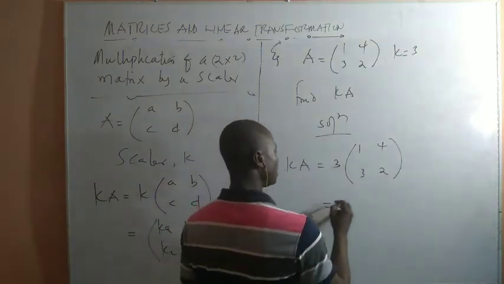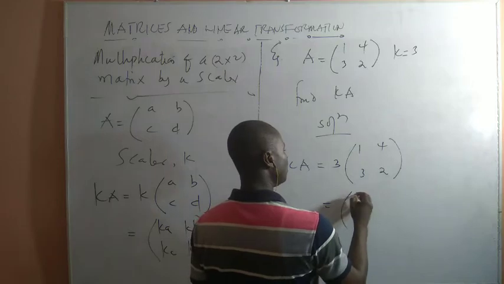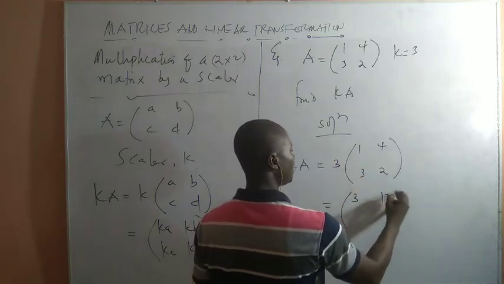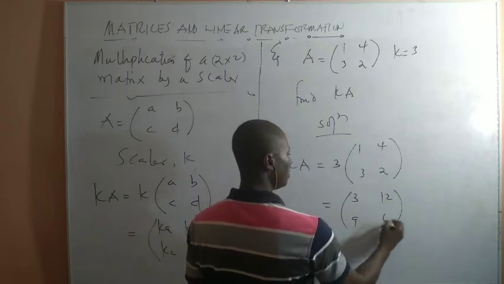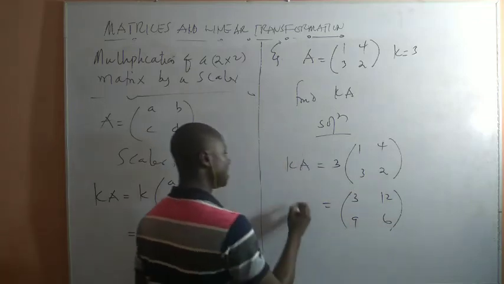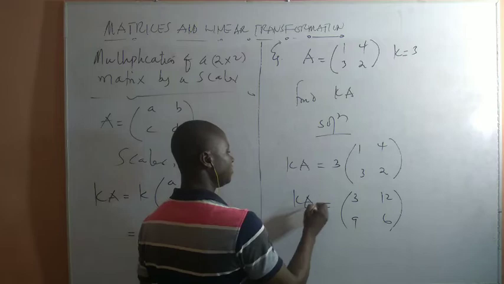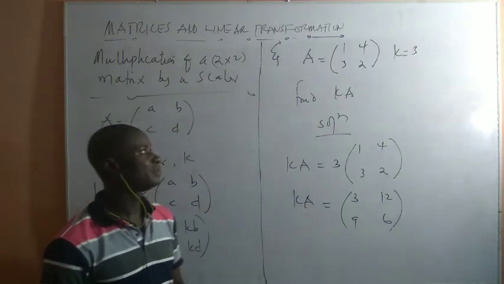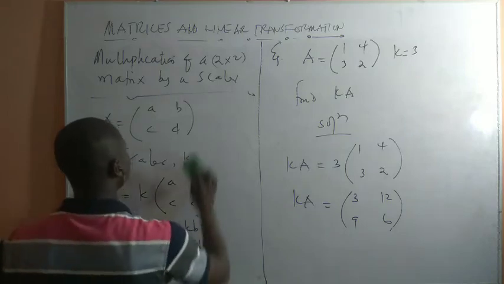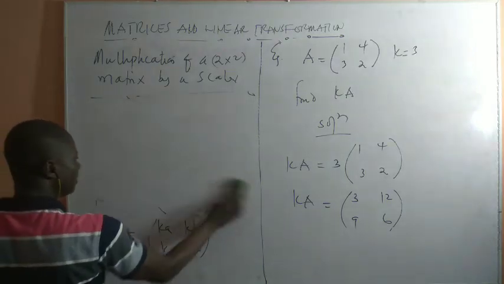And this will give us 3 times 1 will give us 3, 3 times 4 will give us 12, 3 times 3 will give us 9, and 3 times 2 will give us 6. So when we multiply k by the matrix A, this is the result. In general, that is how we multiply a matrix by a scalar.